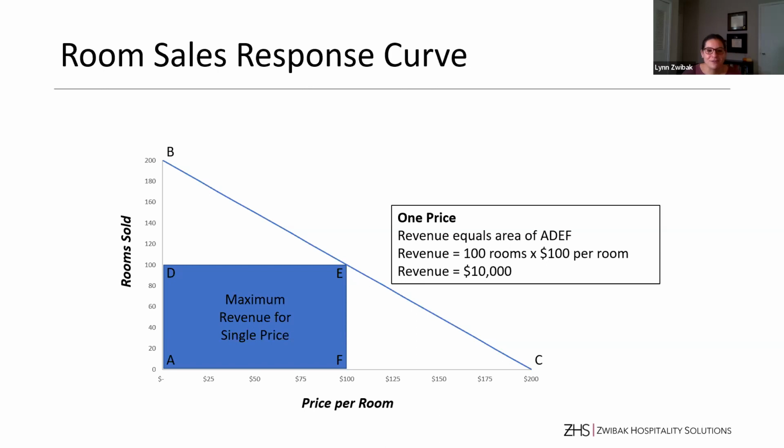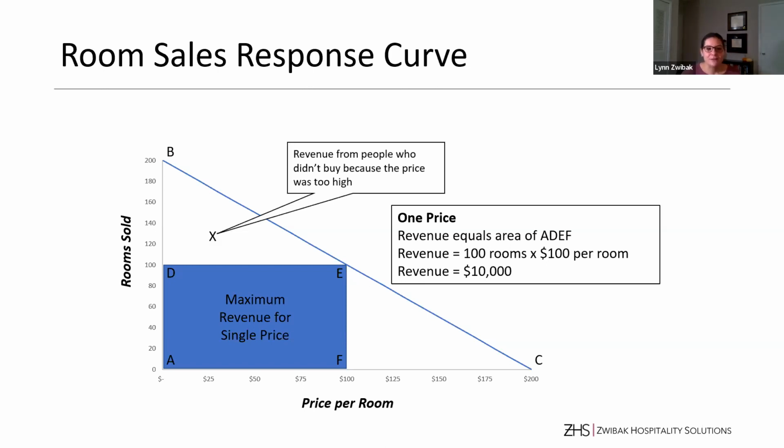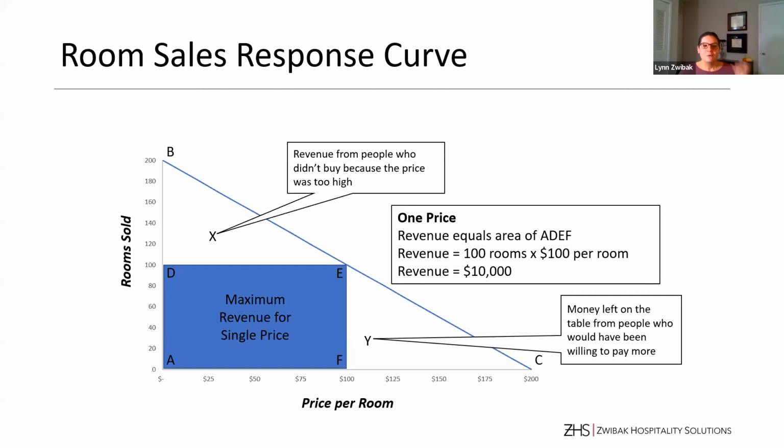But look at all this empty white space on the top and on the bottom. That's revenue that we're not capturing. So the area at the top, marked by this X, is the revenue from the people who didn't buy because the price was too high. They're people who would have bought if the price were 99 or 98 or 97, but it wasn't, it was 100. So we missed out.